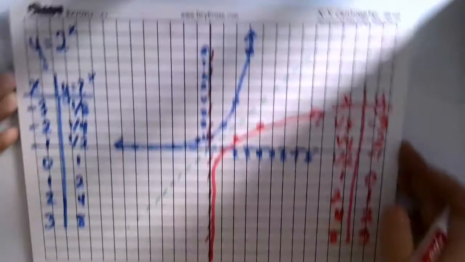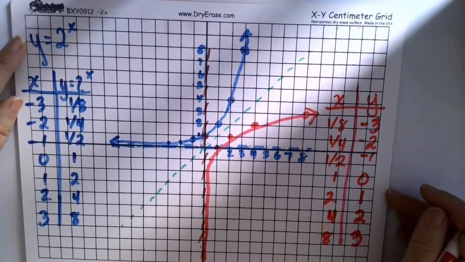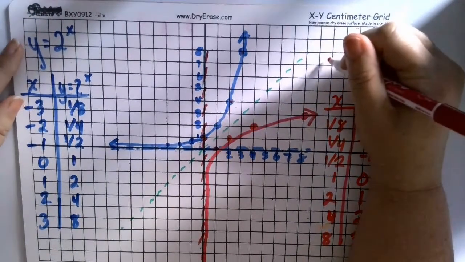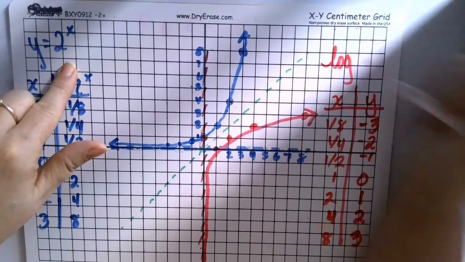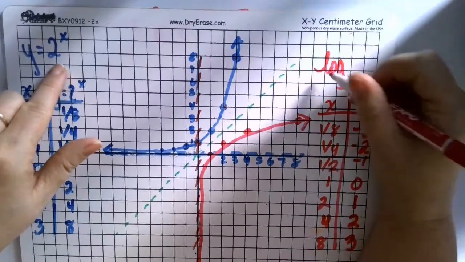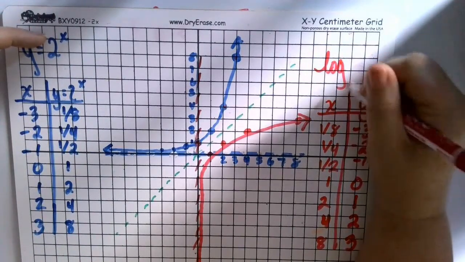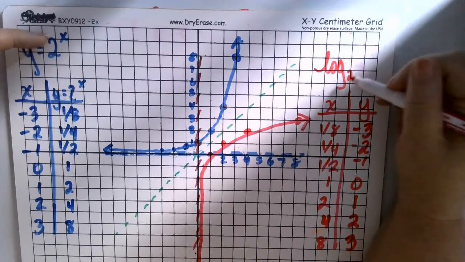So when we look back here at our 2 to the x power, right, the inverse is going to require its own new notation. And so we call the inverse of an exponential a log. So we're going to use the word log, and then the base of the exponential will be the base of the logarithm, and we put that as a subscript.